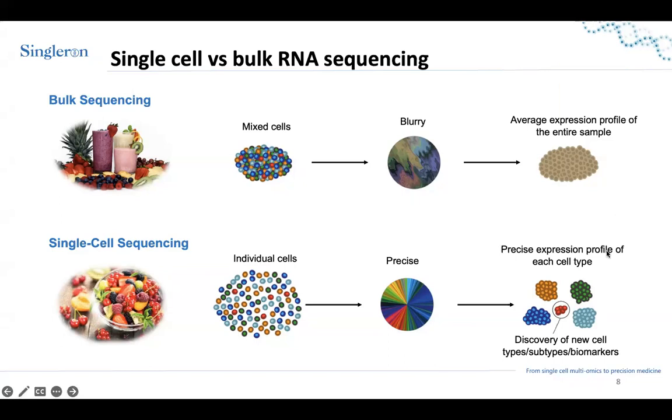And this helps us identify some biomarkers, for example, of a rare cell population. The rare cell population, you will never be able to identify them if you use bulk sequencing. It's just lost in this bunch of cells. But in the single cell case, you can identify them even if the number is quite low.